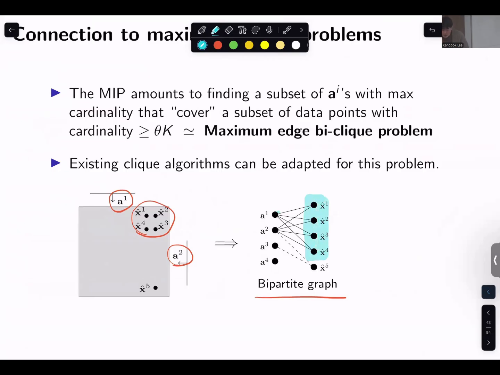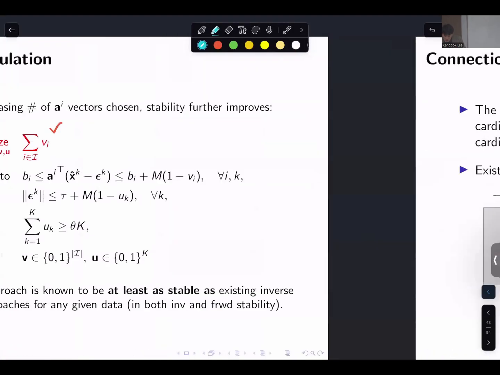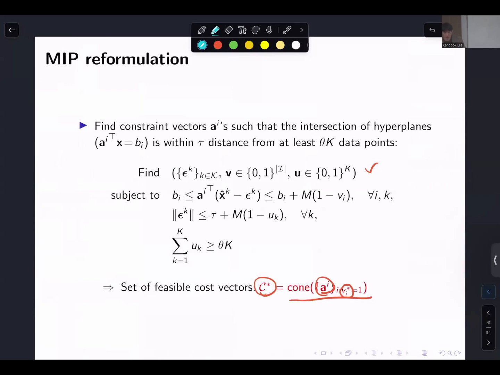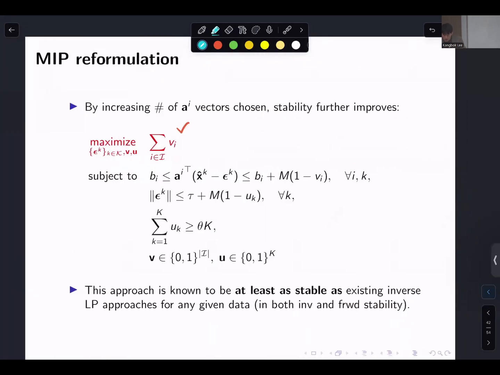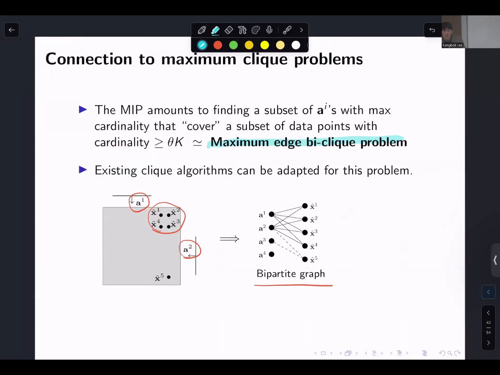And I want to cover at least data times k data points. And that is actually called the maximum edge biclique problem. It's a well-known problem. So once this problem we thought was a complex combinatorial problem is becoming a problem that is already well known in the literature, what we can do is adapt some well-known algorithms for bipartite graph related problems to solve similar problems, either exactly or approximately. That's the takeaway. Okay.